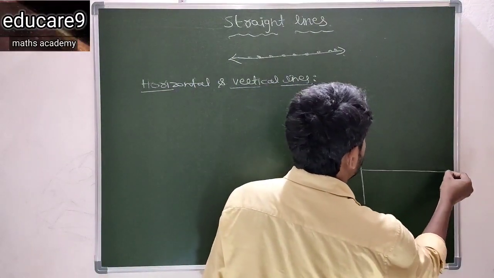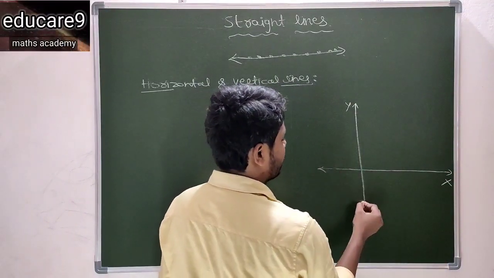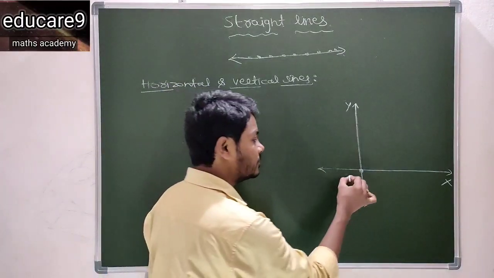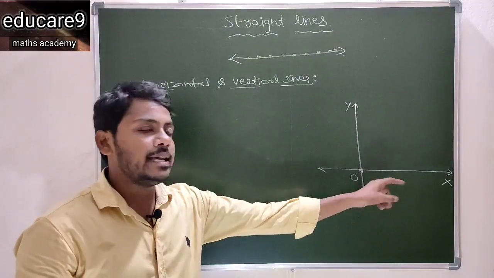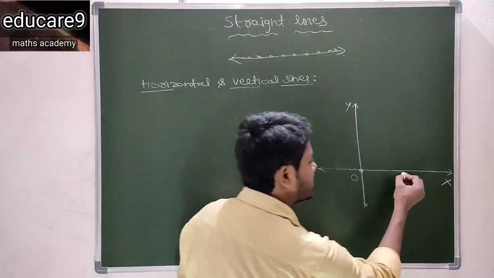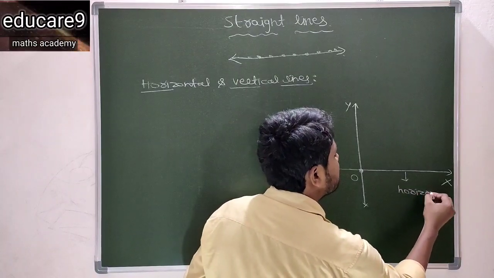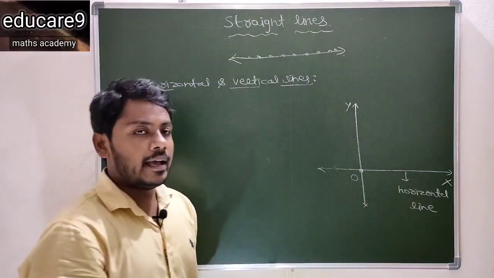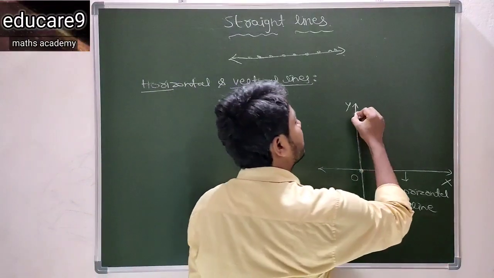This is the x axis and this is the y axis. The point of intersection of the two axes is the origin. Now clearly the x axis is called a horizontal line, and the y axis is called a vertical line.